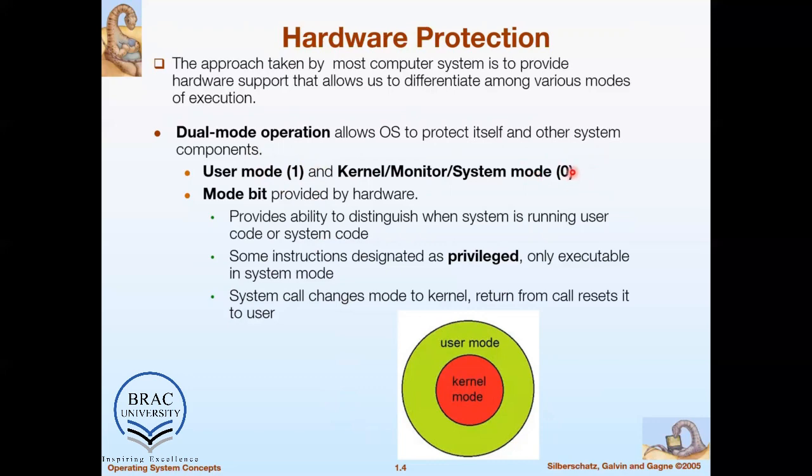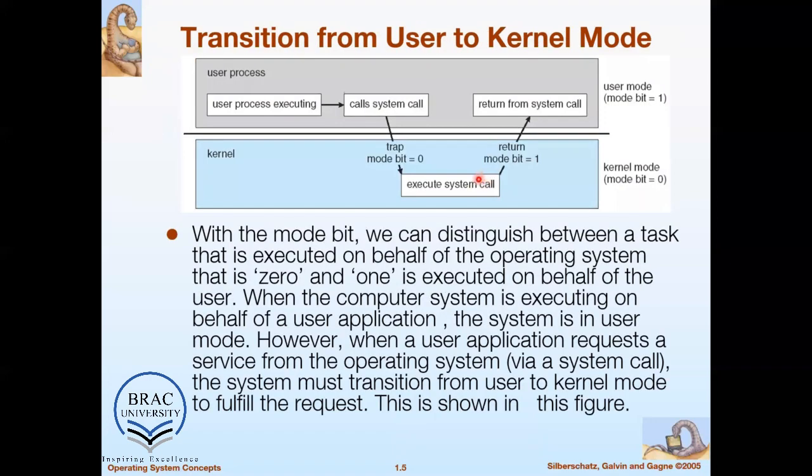We can see here that user mode is represented by mode bit 1 and kernel mode is represented by mode bit 0. With the mode bit, we can distinguish between a task that is executed on behalf of the operating system, that is 0, and 1 is executing on behalf of the user.